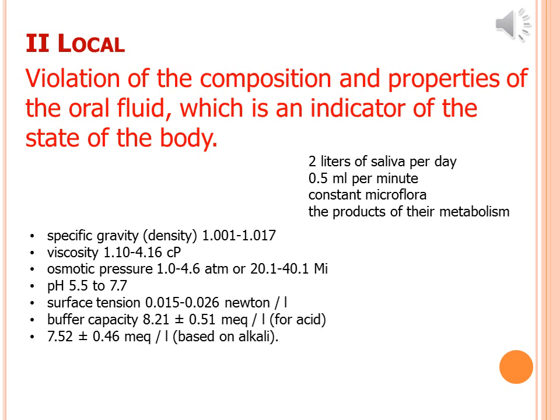The next one is violation of the composition and properties of the oral fluid, which is an indicator of the state of the body. Saliva is the secret of the salivary glands, secreted into the oral cavity. Normally, an adult produces up to 2 liters of saliva per day.